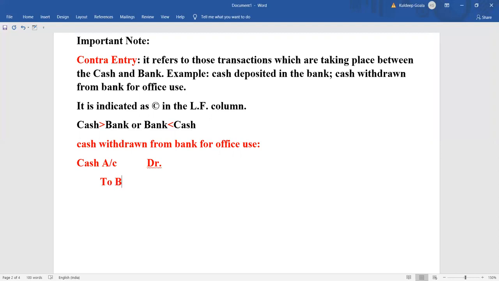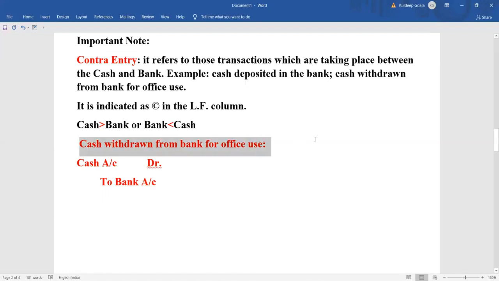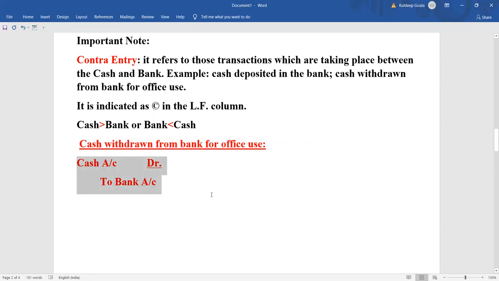From the bank. So bank account credit. Bank is the giver, goes out, credit. Okay, so the journal entry will follow like this: cash account debit to bank account. Okay, there are two situations. Try to understand. First one is cash withdrawn from bank for office use. So it will be cash account debit to bank account, right?